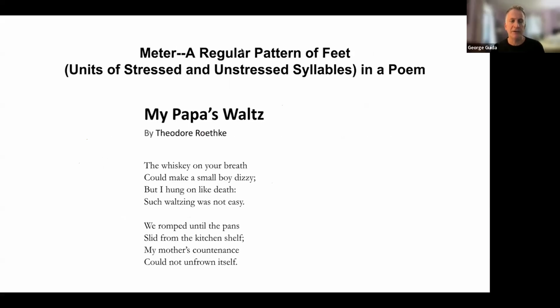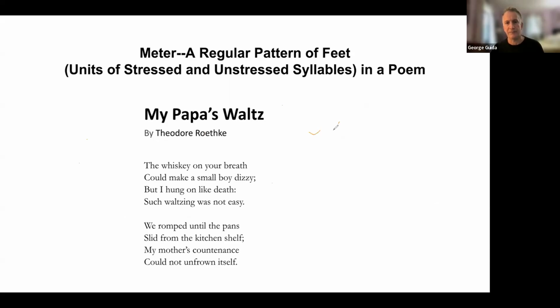So if we go back to meter, meter is this very regular pattern of a certain kind of metrical foot, right? And we see it in this poem called My Papa's Waltz, which uses mostly this pattern.